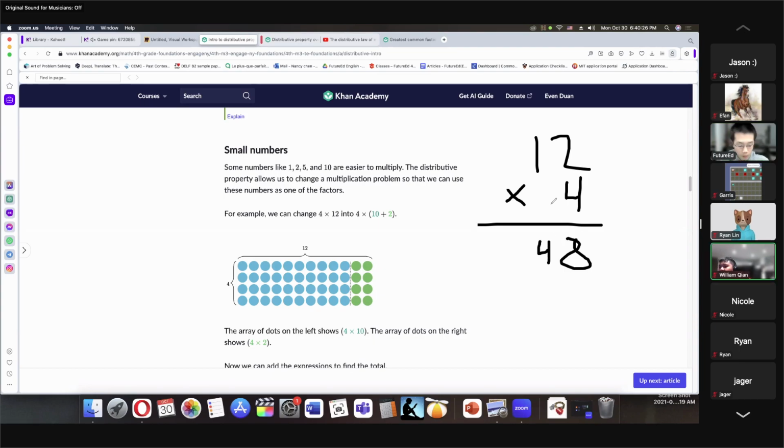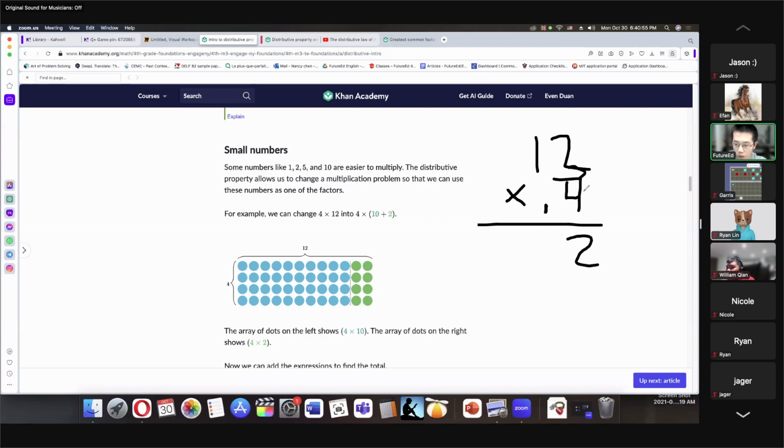But if the number is bigger, the reason we do this is because there's something you probably know as carrying, right? Like let's say if this was a 3. If we have a 3 times 4, we'd have a 12 here, and then we have to carry the 1. And then 1 times 4 plus 1 is 5. So over here we'd have a 52.